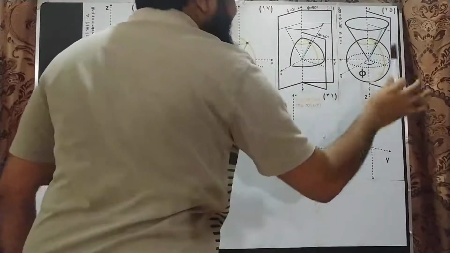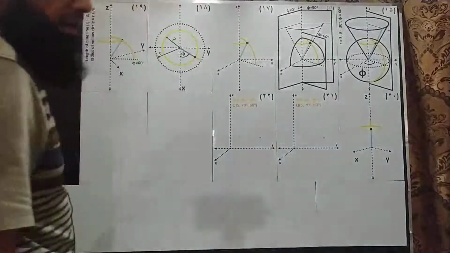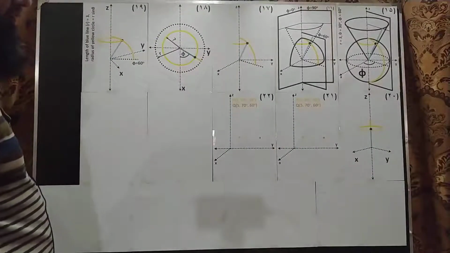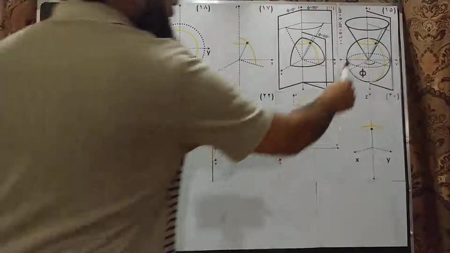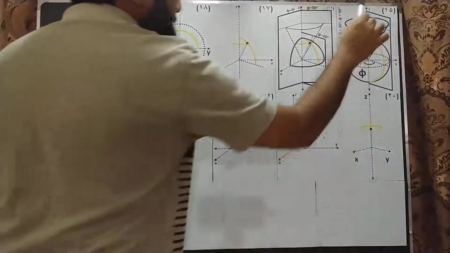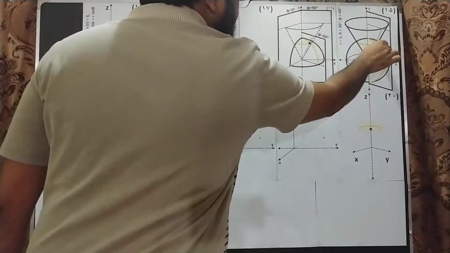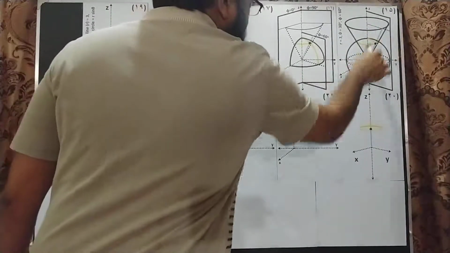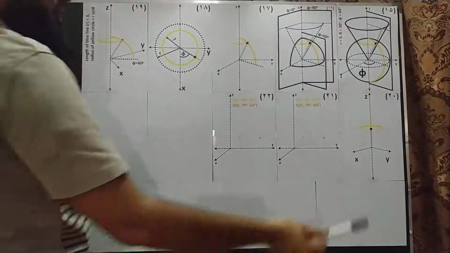So you don't need all the three curves to reach your final destination. Only two are sufficient. This yellow and this orange is sufficient to reach the destination point, and this blue line and this yellow circle is sufficient to reach that point.